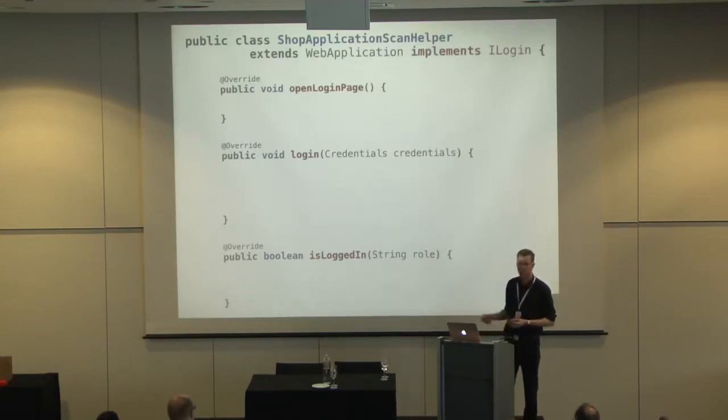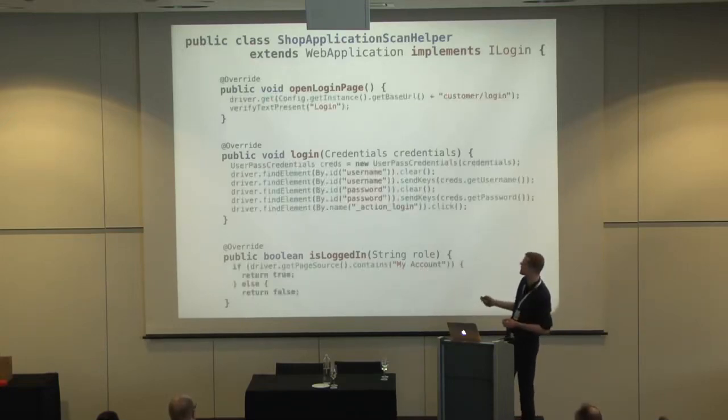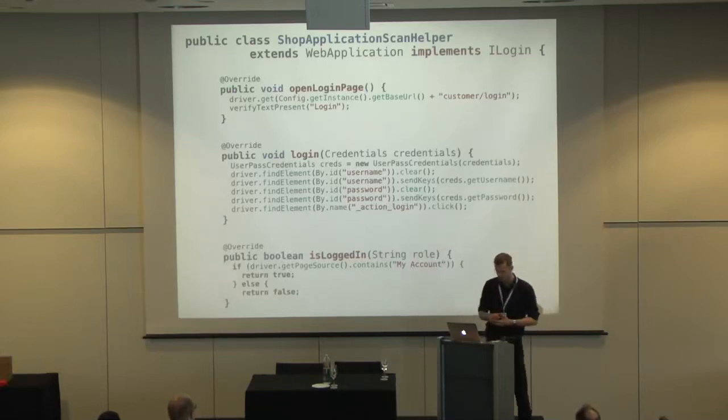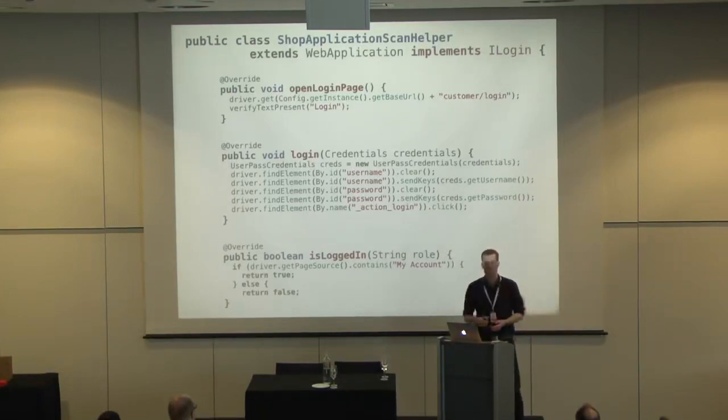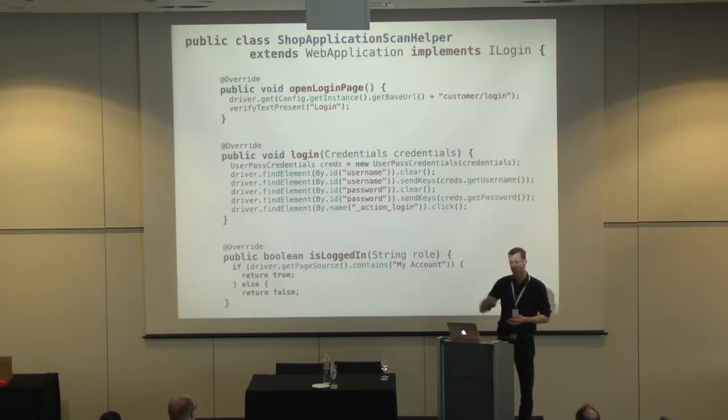And isLoggedIn simply does a regular expression match on that as well. So it looks basically like easy code, just some Selenium code that you use to perform the login and to guide BDD security into dynamic scans inside the authenticated area of the application. It's using ZAP under the hood then.